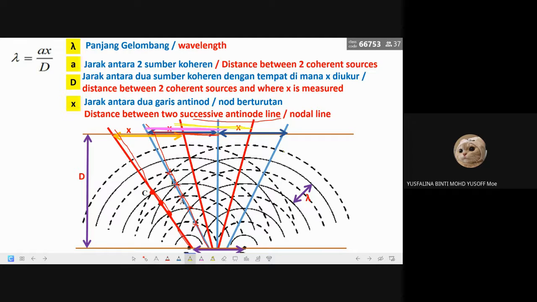Antinode is where constructive interference occurs, while node is where destructive interference occurs.